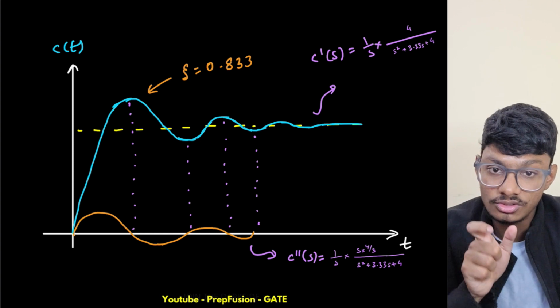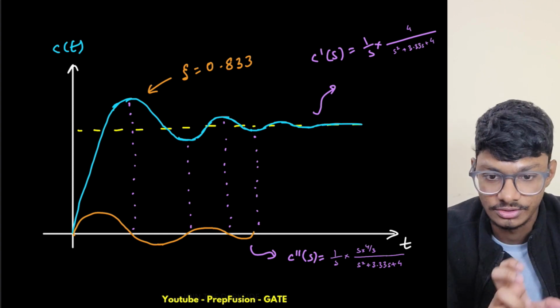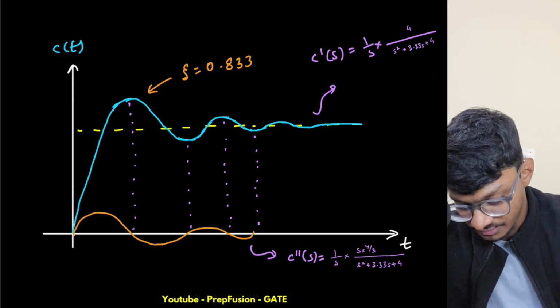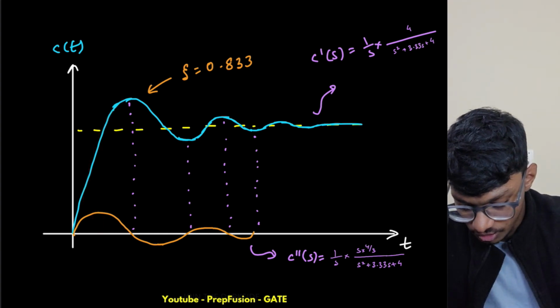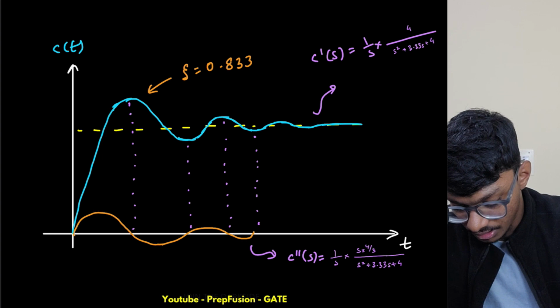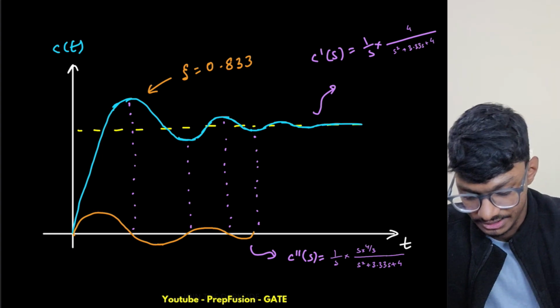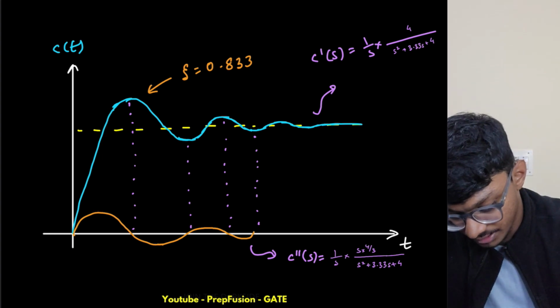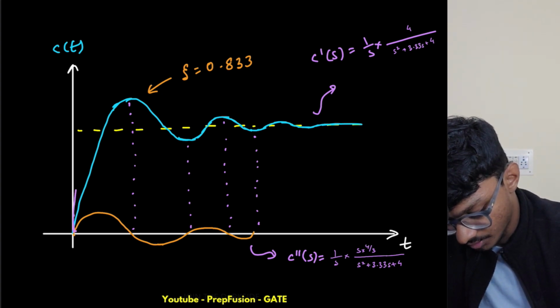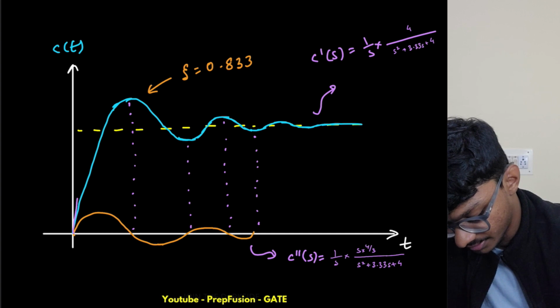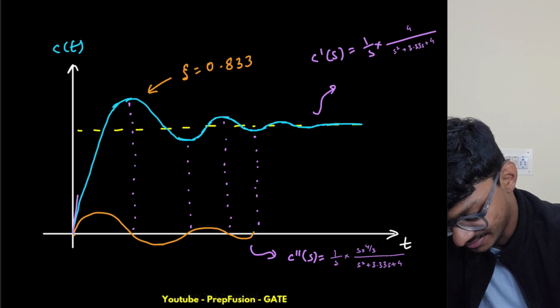So what will be the actual response? The actual response will be the summation of these two. Initially both of them are positive and increasing over here. So obviously until this part both of them will increase. It will be something, my drawing will be really bad, so please forgive me.